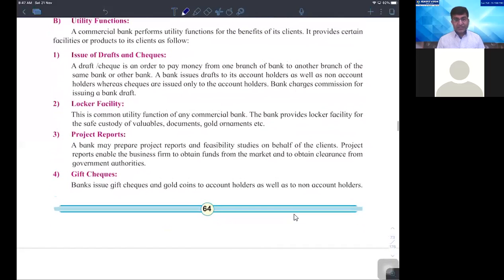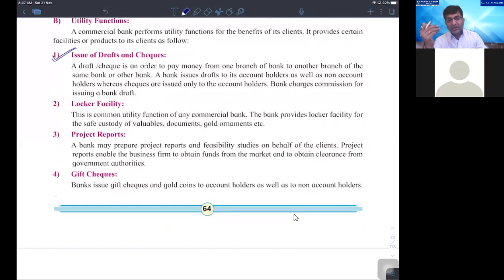What are the utility functions? जहां बैंक हमें एडिशनल यूटिलिटी प्रोवाइड कर रही है in addition to our normal features, in which the very first is issuance of drafts and checks. If I want to transact through the bank, the core area in that is the checks.